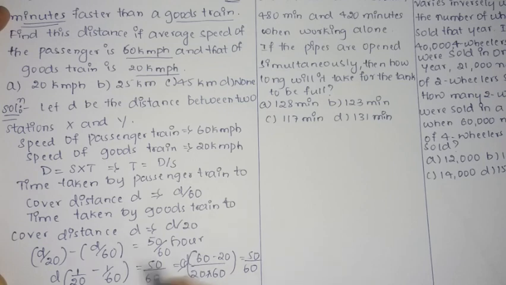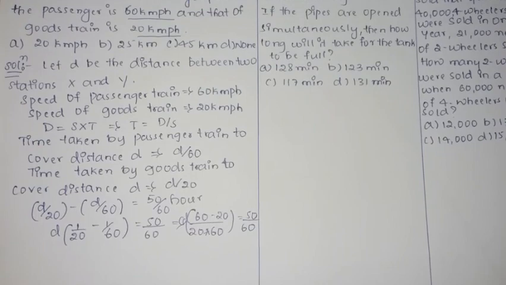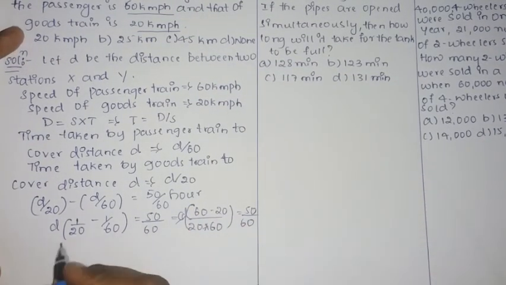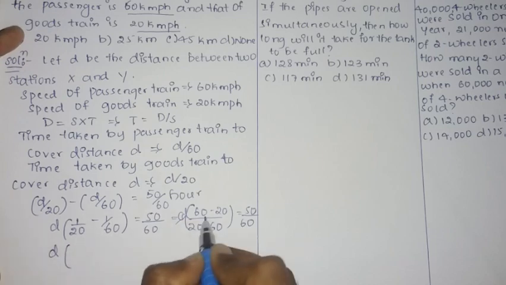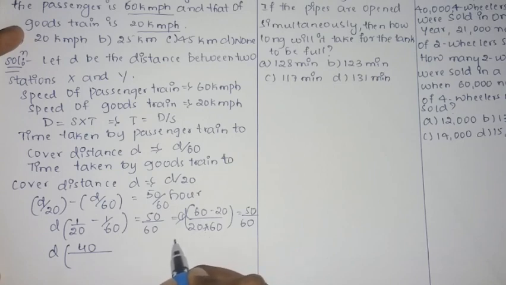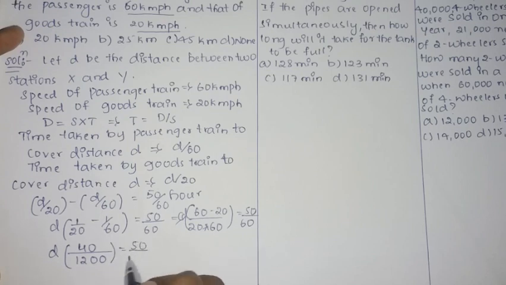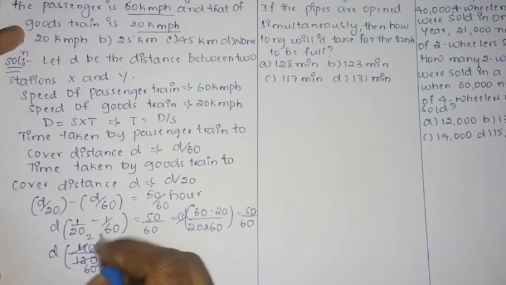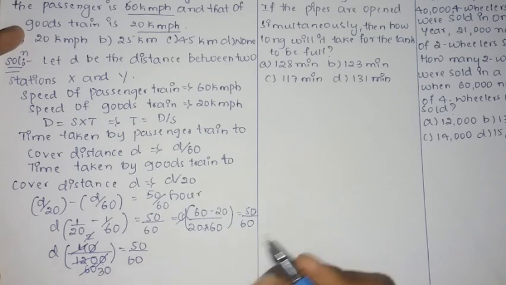Then you are going to simplify this. d into 60 minus 20, which is 40, divided by 20 into 60, equal to 50 divided by 60. Then you are going to cancel, and we get 30.